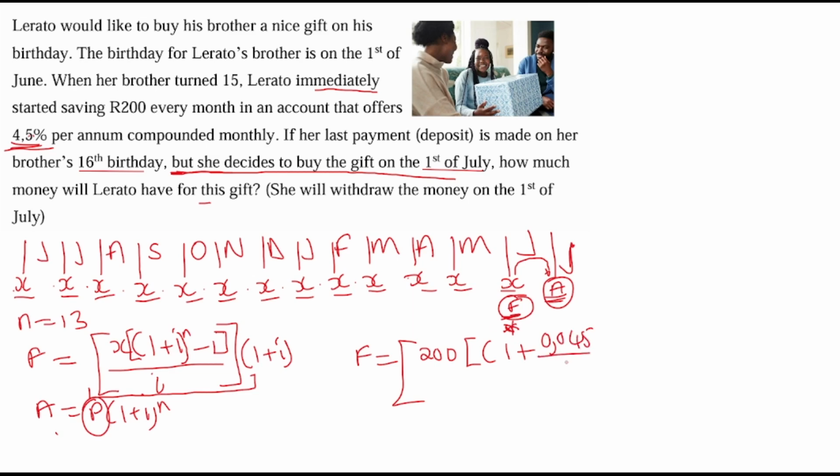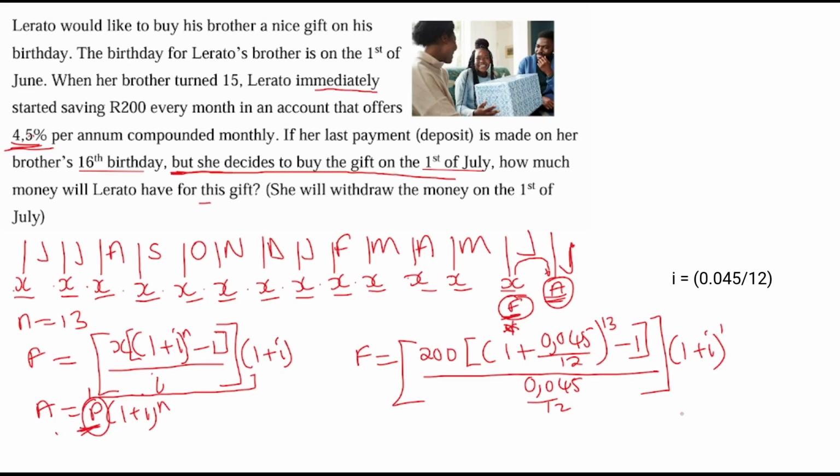Then it's compounded monthly, so we divide by 12. And then the payments, there were 13 of them, minus 1, and then all this over 0.045 divided by 12. And then this is just like our P here, so it's going to be invested for one more month, so it's 1 plus i, you can even say to the power 1.